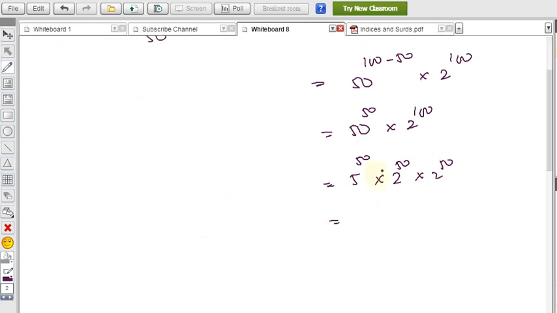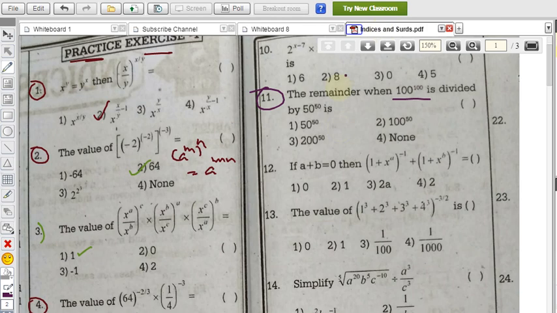Now a power m into b power m. So 5 into 2, these two together, 5 into 2 is 10 to the power 50 into 2 to the power 50. Then 10 into 2 is 20 to the power 50. So 20 to the power 50, but according to the question, 200 to the power 50 is given.